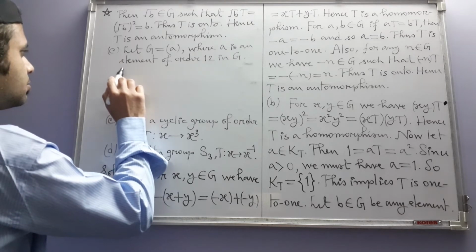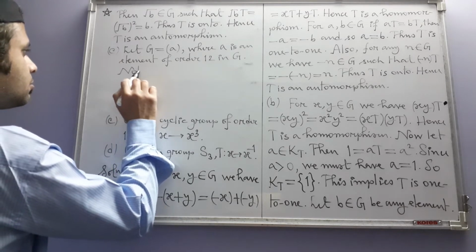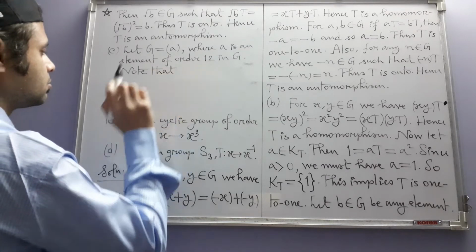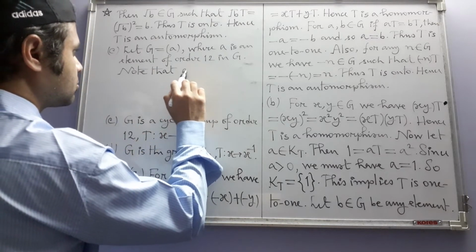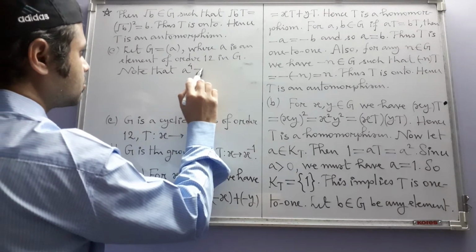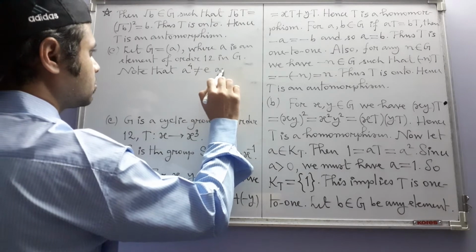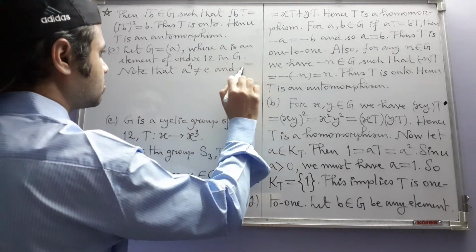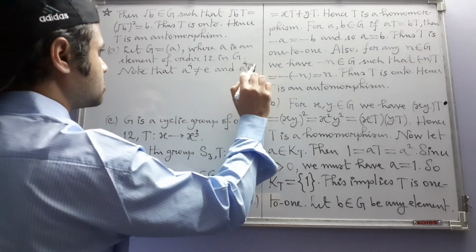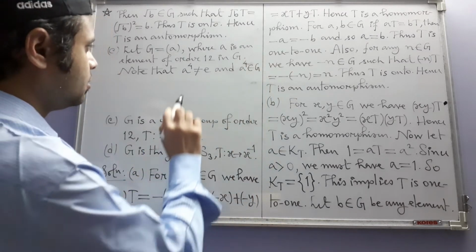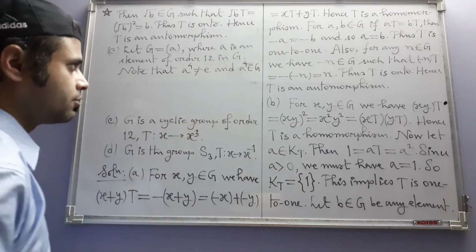Note that this of course belongs to the fourth power of the generator A. This is clearly not equal to identity.